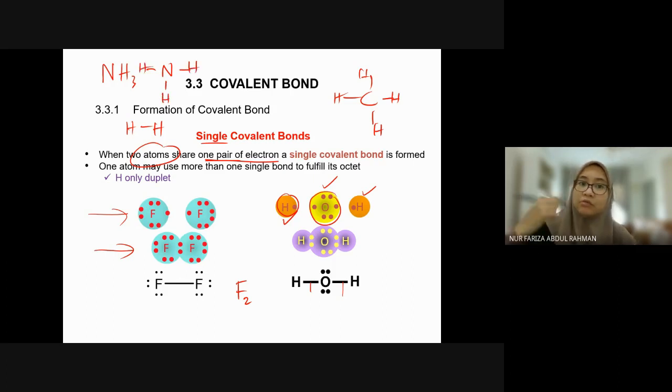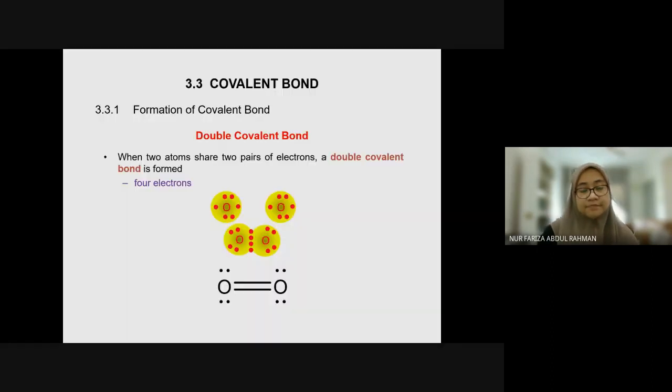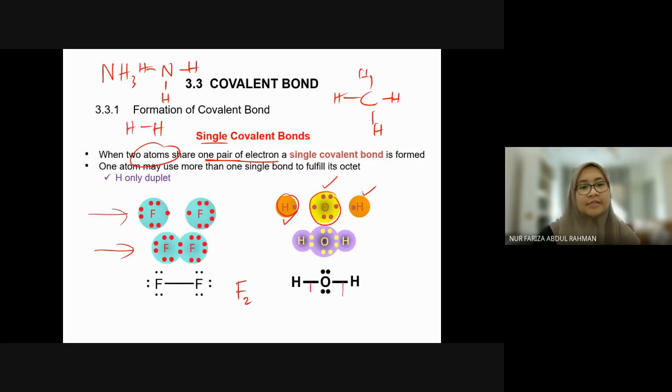Okay, so later we will learn how to draw the Lewis structure for covalent compounds. Okay, alright. Those are just examples, I gave a few. I gave one in the form of a simple molecule, and the other one involves more than 2 atoms.